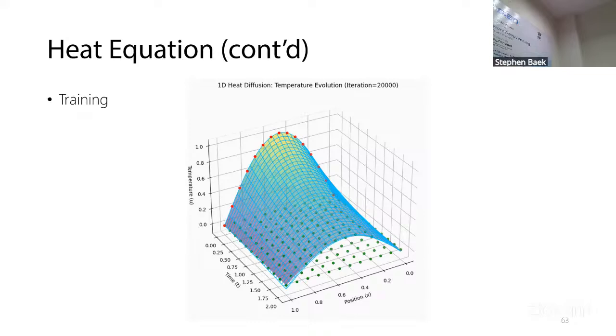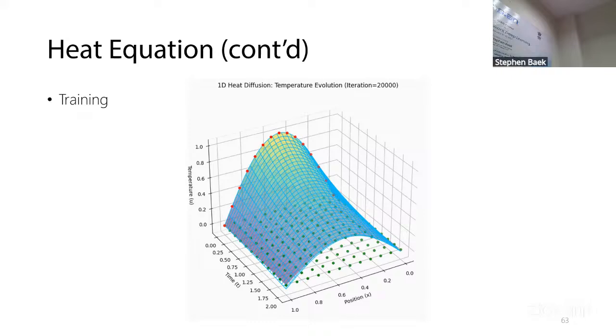The other thing I want to say is something that we're going to be talking about later in this class. But the data loss and the physics-informed loss are not necessarily aligned together. So reducing the data loss doesn't necessarily mean reducing the physics-informed loss, and vice versa.